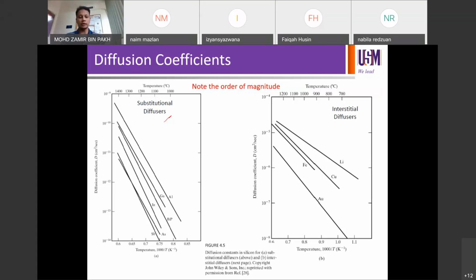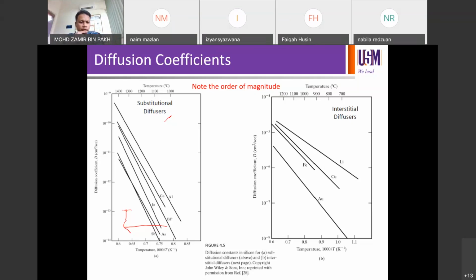It's actually 1,000 over temperature, so when you increase the temperature, it's going towards the origin. That will also increase the diffusivity of each dopant or impurity in the silicon lattice.